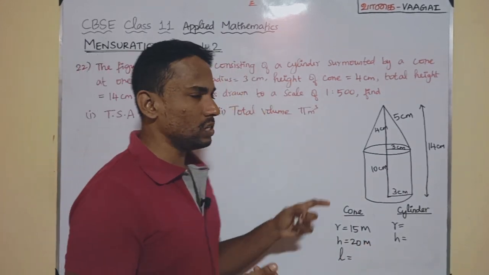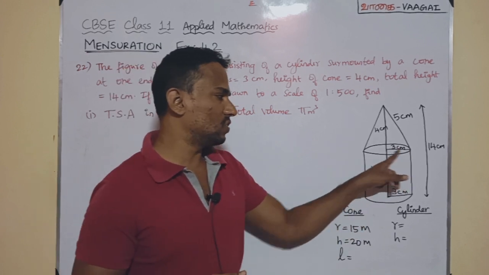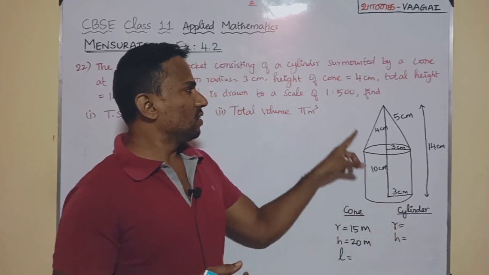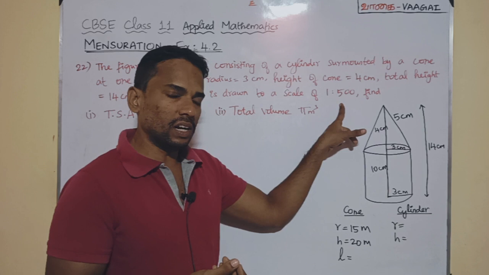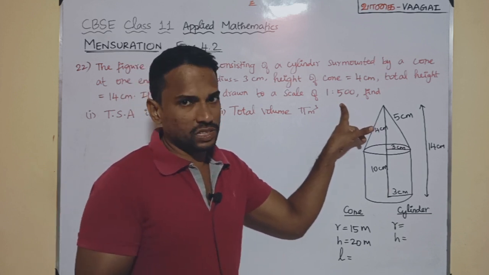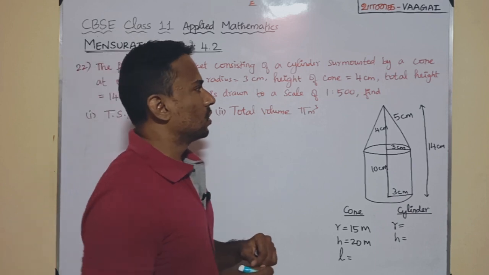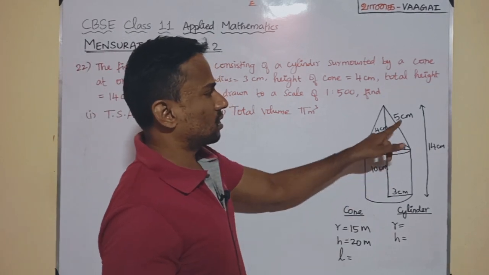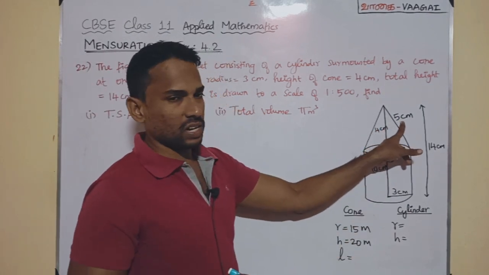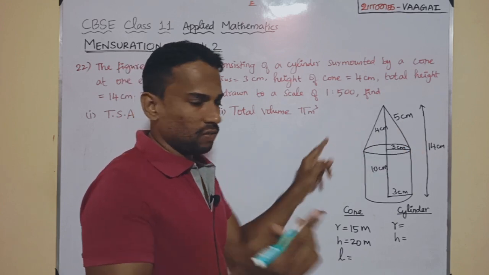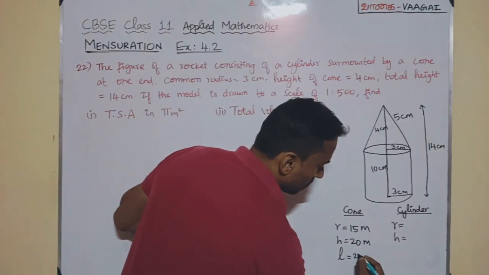Or the other easier way: we have all these values in terms of centimeter, so instead of multiplying by 500, I will simply multiply by 5 itself. Why? Because we can directly get the answer in terms of meters. Now coming to the slant height. What about L? Slant height is 5. 5 fives are 25 meter. So 25 meters.